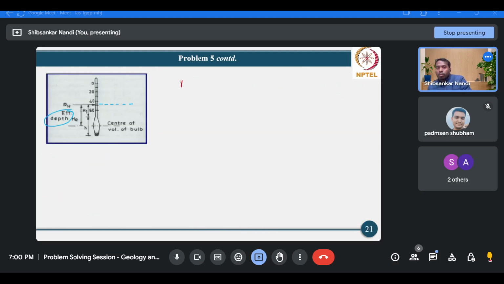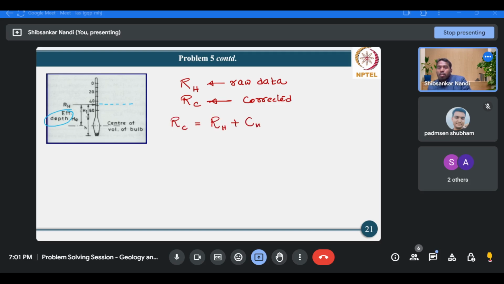Suppose RH is the raw hydrometer reading data, and RC is the corrected one. So RC will be RH plus CM plus or minus CT minus CD. CM stands for meniscus correction, CT stands for temperature correction, and CD stands for dispersing agent correction.